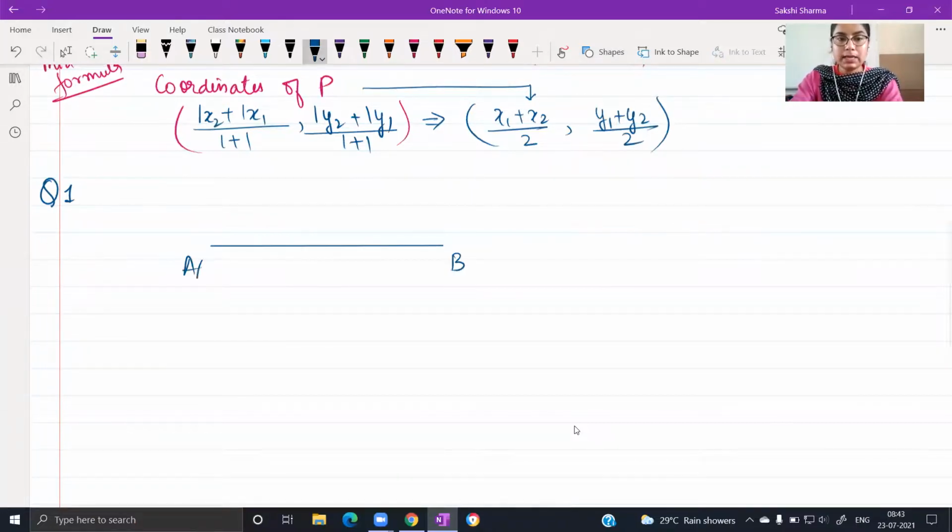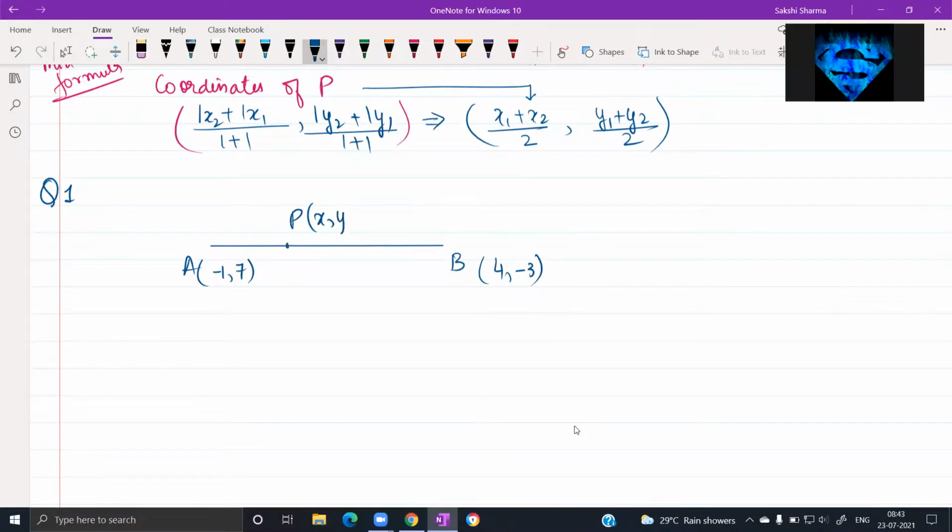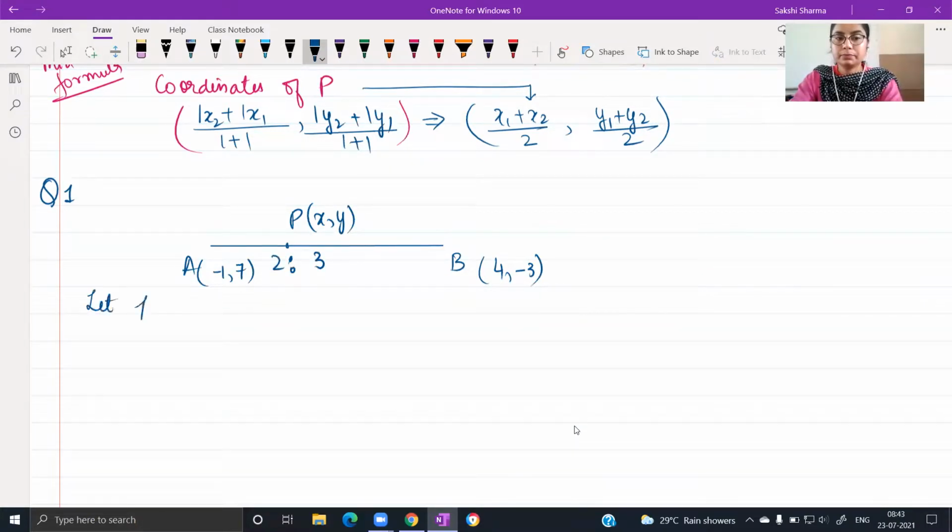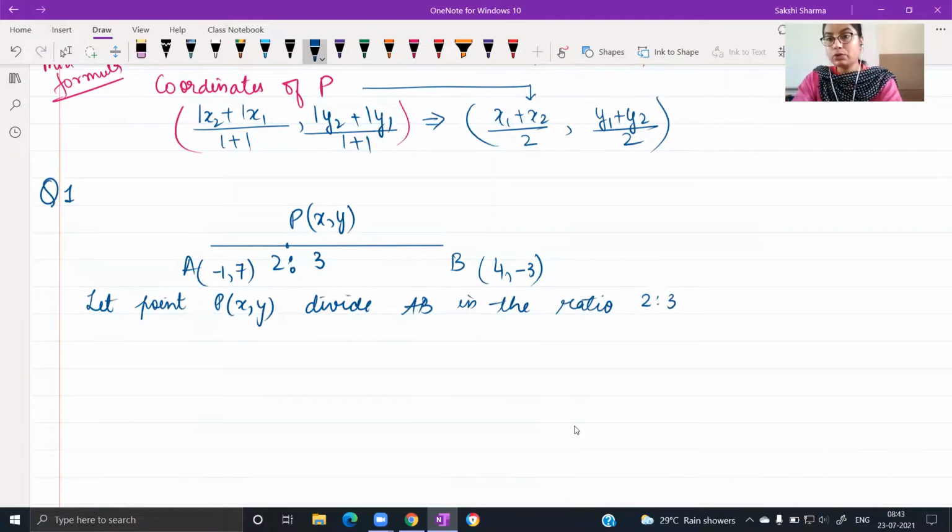The endpoint A is -1, 7. The second endpoint is 4, -3. Let P be somewhere here with coordinates x, y, and the ratio is 2:3. We are looking for the coordinates of the point.